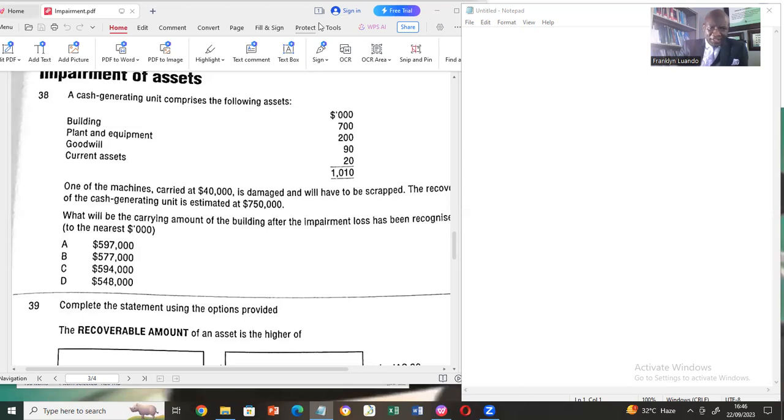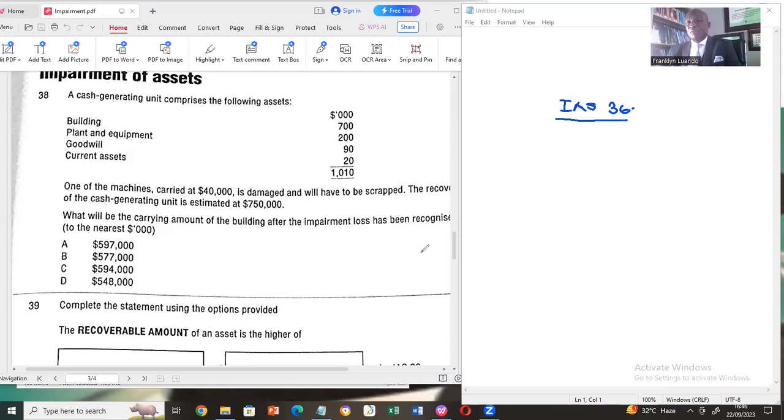So impairment is under IAS 36. So IAS 36, impairment. So impairment occurs when the carrying value of a non-current asset exceeds its recoverable amount. Very important definition.